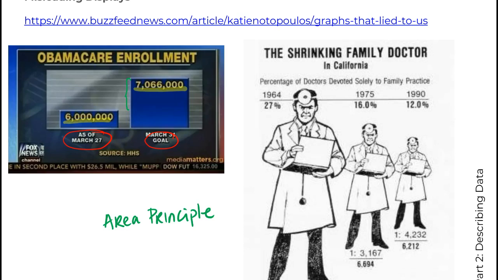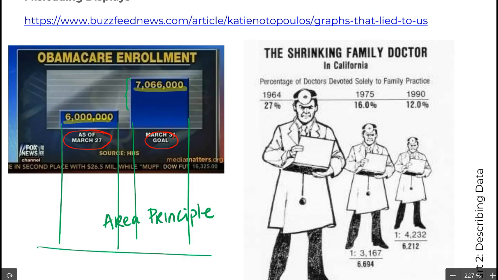And in this case, this bar is less than half of the other bar, which is not what's true about the numbers. So in order to not violate the area principle, what they could have done was not truncate their axes. They could have brought these down to wherever they should have been. That way, okay, we can see there is some way to go, but it's not quite over double what they already have. It's like a sixth of what they already have, right? So that's the idea of the area principle.